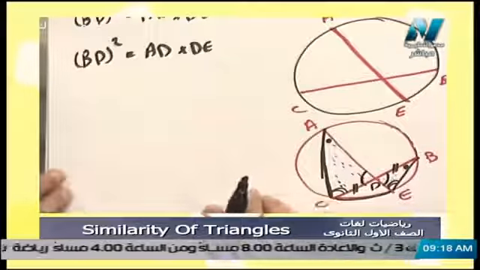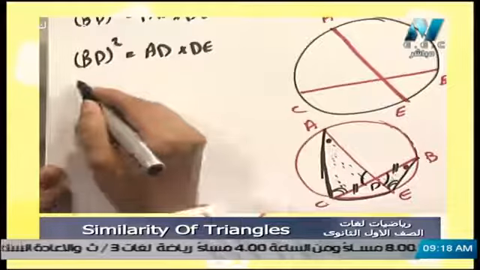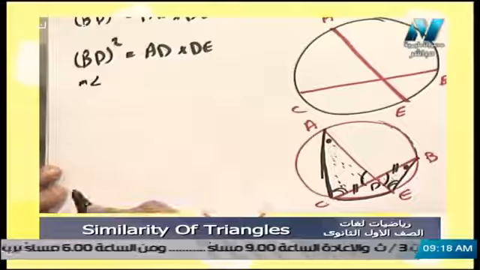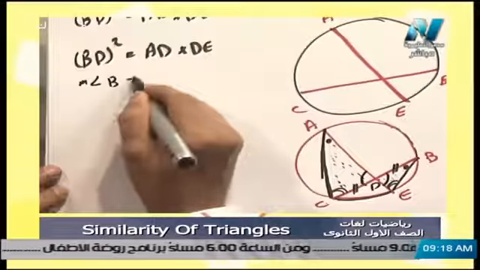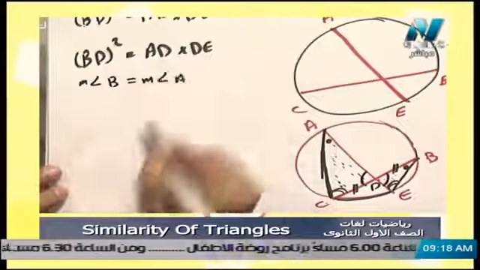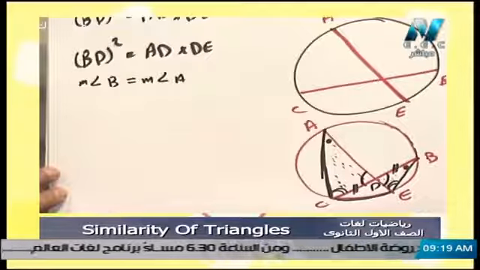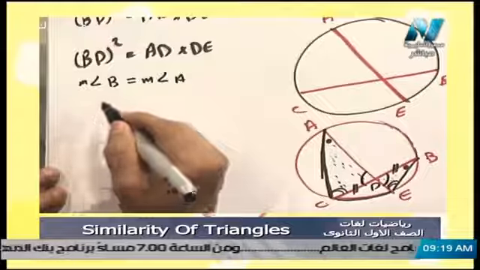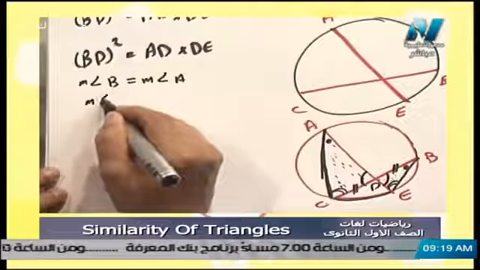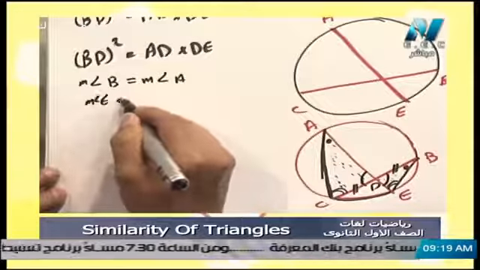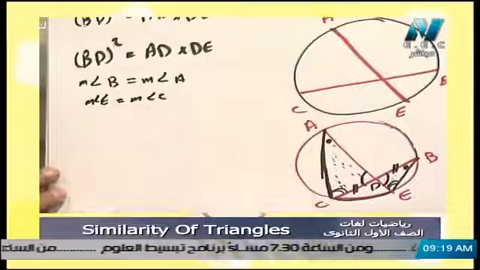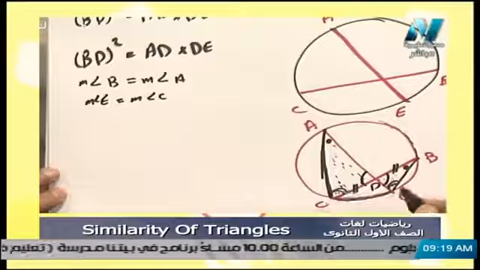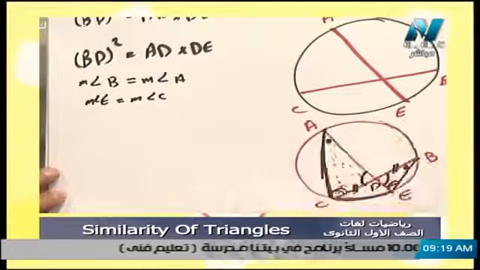Okay, so we can write measure angle B equals measure angle A, inscribed angles subtended by same arc CE. And secondly, we can say measure angle E equals measure angle C for the same reason, because they are inscribed angles equal in measure because they have the same arc BA.